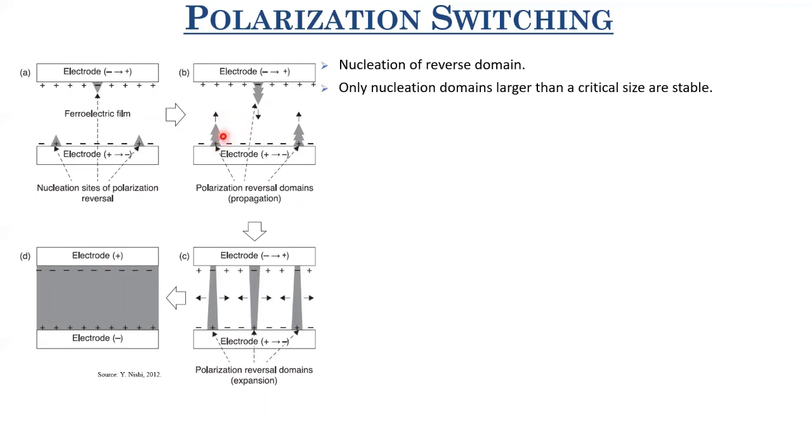So after that, what happens? You apply some electric field across it, and then domain propagation happens. These domains tend to flip the neighboring domains, and because of that there's a polarization reversal, and it propagates along the direction of the electric field.